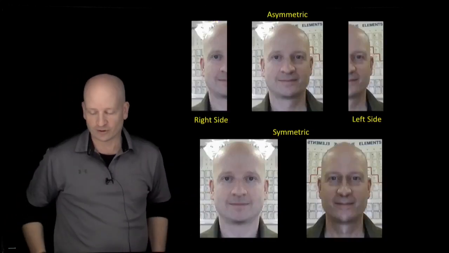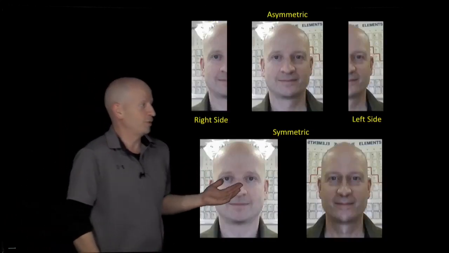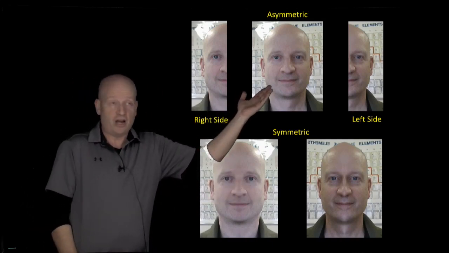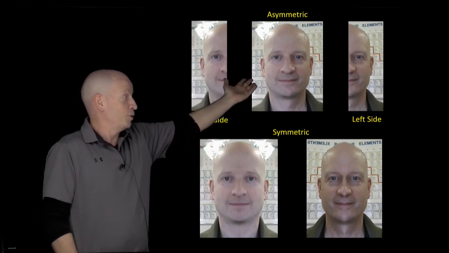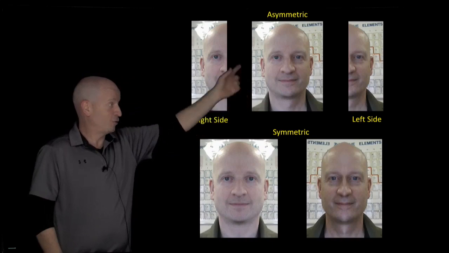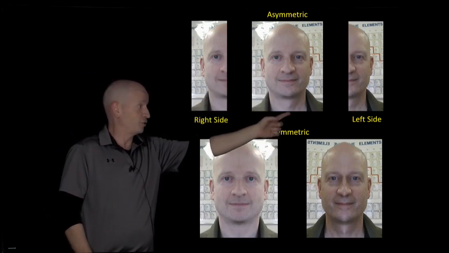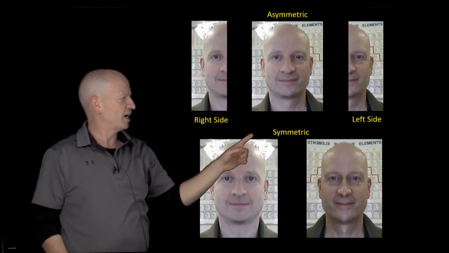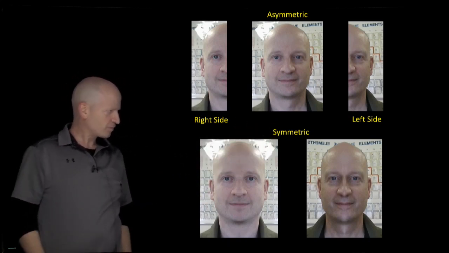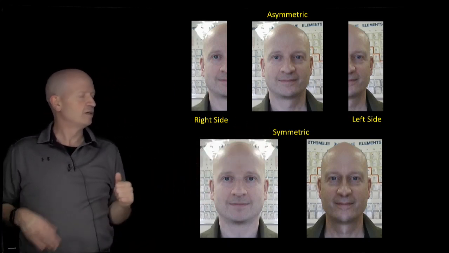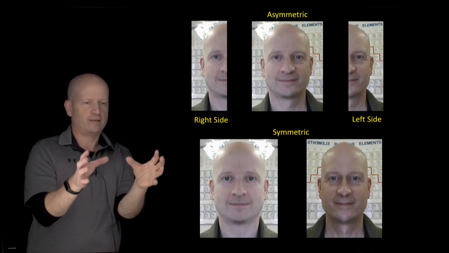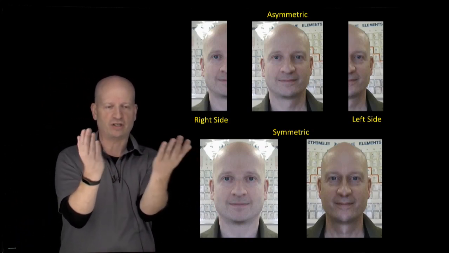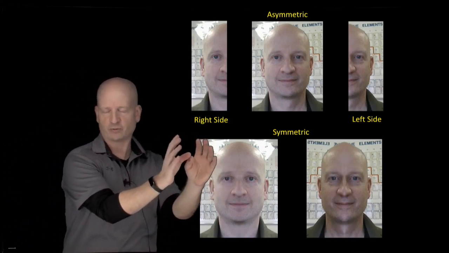Another example that most of us are familiar with are faces, and this just happens to be mine here. Most people's faces are not symmetric. I basically took this in Photoshop and cut it in half, and have the right side and the left side. Then on the bottom here, I took the right side and took the mirror image of it and joined it back together, and then did the same thing with the left side.